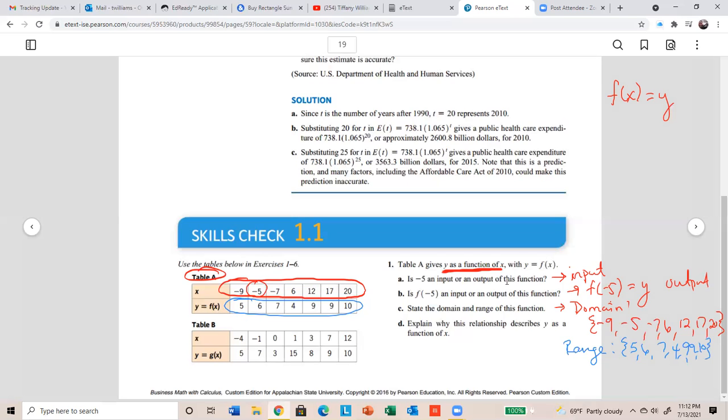So they told us that this thing was going to be a function up here when they said y is a function of x. But let's talk about why it is. So the correct mathematical terminology for why it is a function is that each input only gives one output.